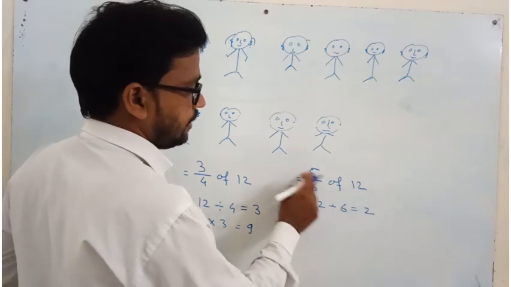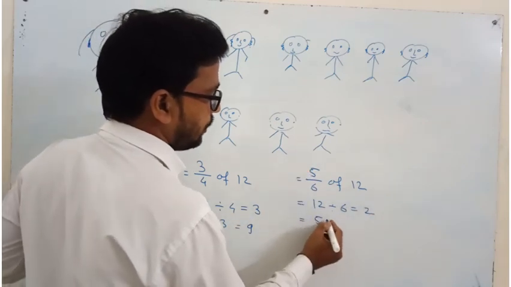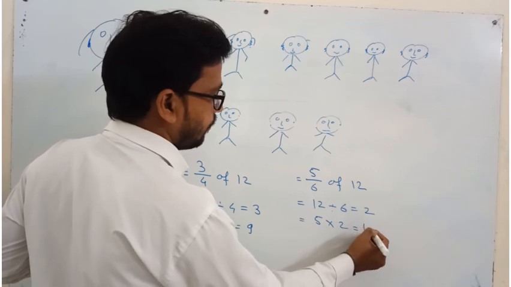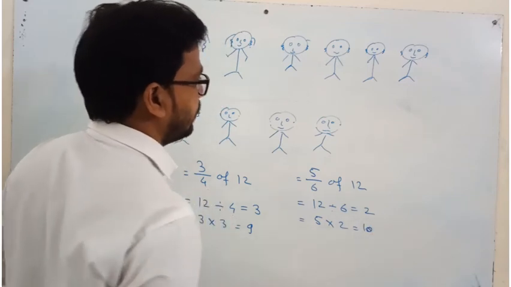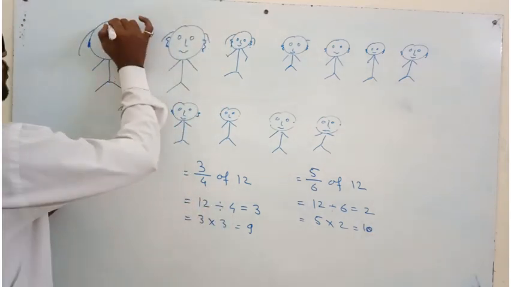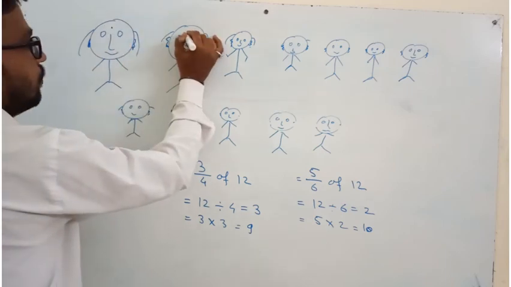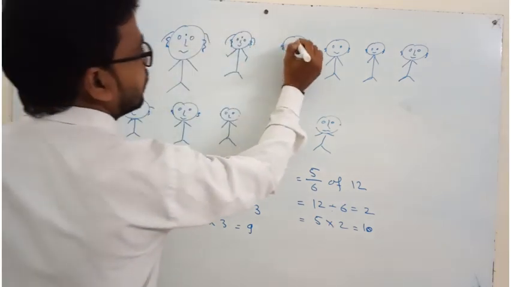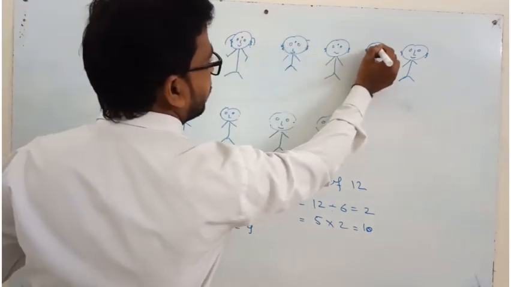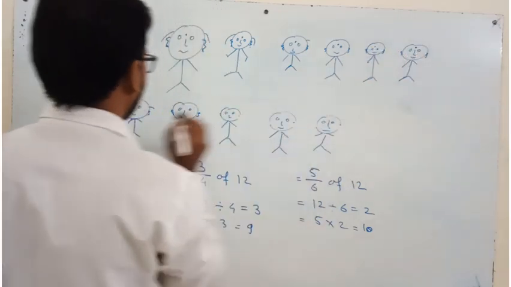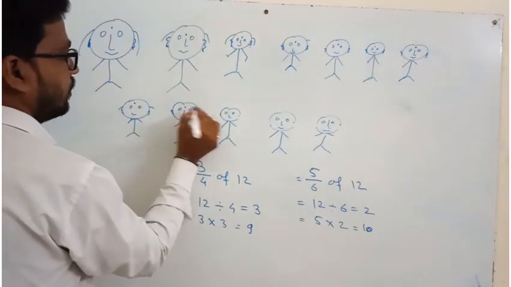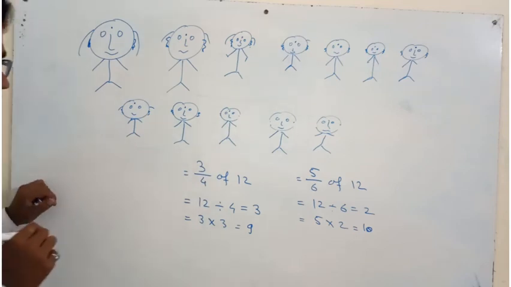Now multiply this 5 by 2. So 5 twos are 10. It means 10 friends. For 10 friends we have to put bindis. 1, 2, 3, 4, 5, 6, 7, 8, 9 and 10.